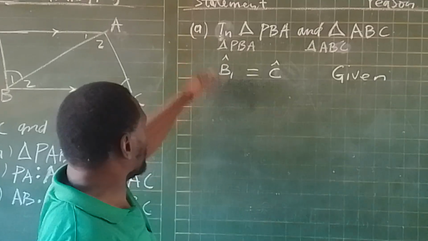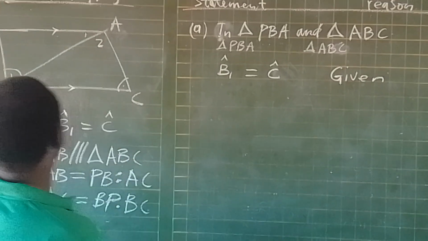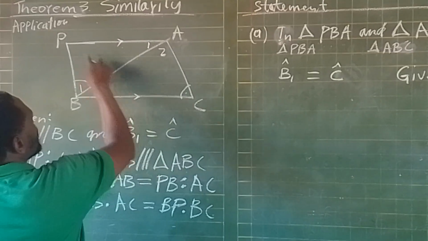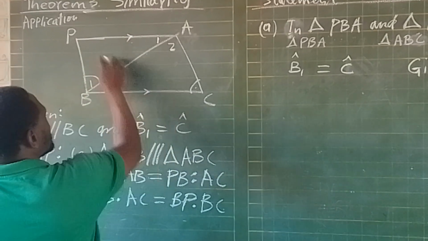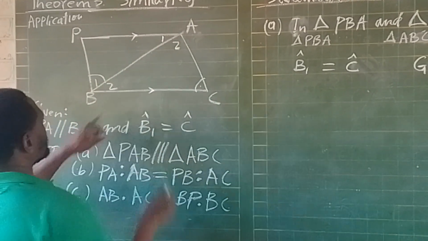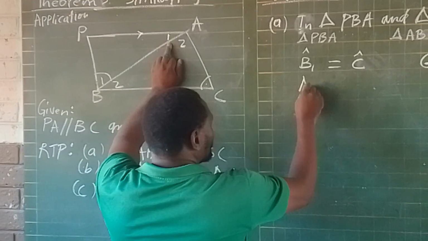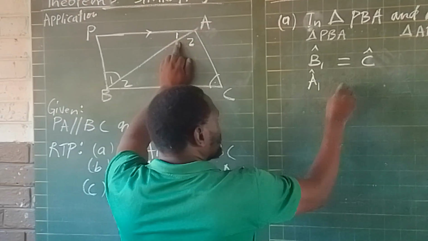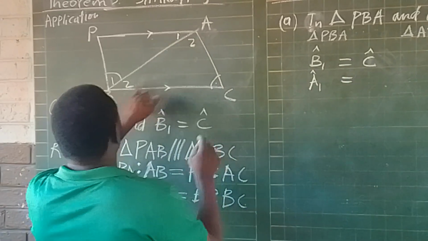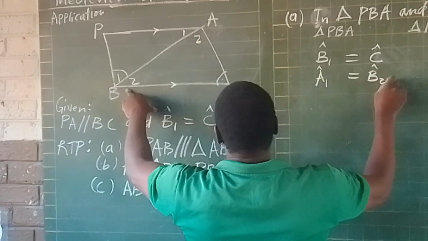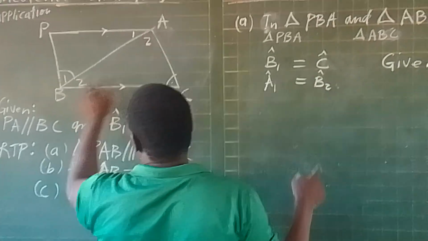Right? We come to the second angle. You see this is A1, A2. If you check, this is parallel to that, so this angle is equal to that angle. A1 is equal to B2, and this B2 is in triangle ABC.